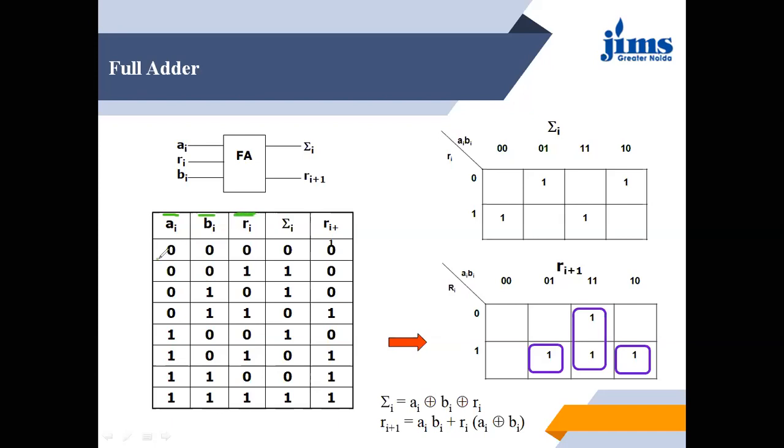So for each and every combination of A and B, there can be a carry or there cannot be a carry. So when I am taking one combination of A and B, 0 0, there can be a carry or there cannot be a carry. So if there is no carry, then this is 0 plus 0 plus 0 is 0, and this is the sum, and we are not getting a carry for the next bit. Here also the sum is 1 and we are not getting a carry.